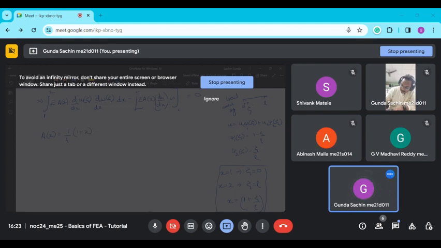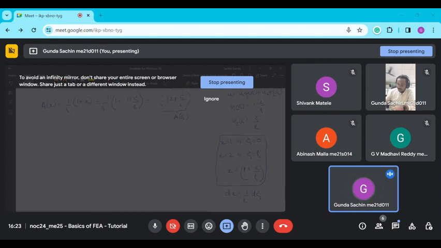Then we need to convert A of x in terms of zeta. We have A of x is 1 by 4 times 1 plus x, which in terms of zeta would be 1 by 4 times 2 plus zeta by L. So now you have the area as a function of zeta, and then you need to convert the integral dx.